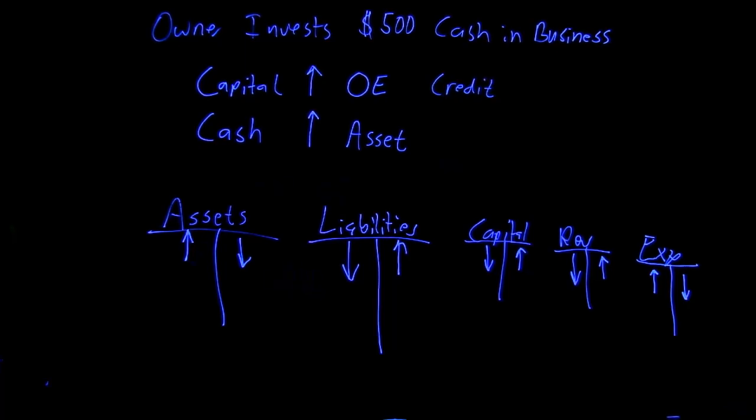And when assets go up, it's a debit. So in this transaction where the owner invests $500 cash in the business, we're going to debit cash, credit capital. If we were to put that in journalized form, we have our debit to cash, one indent forward, we credit capital for $500.